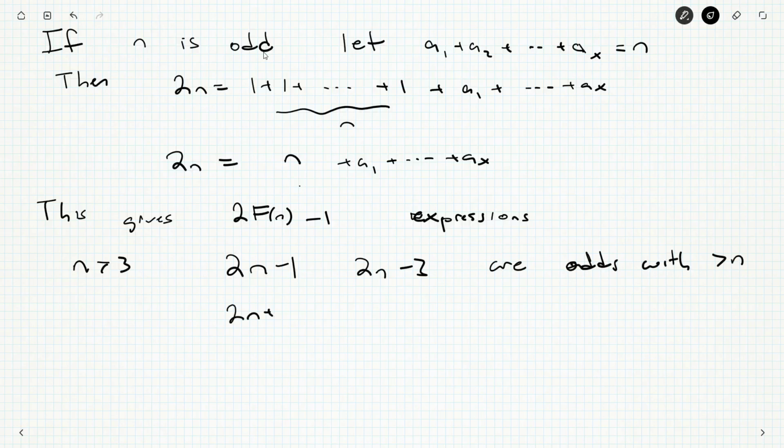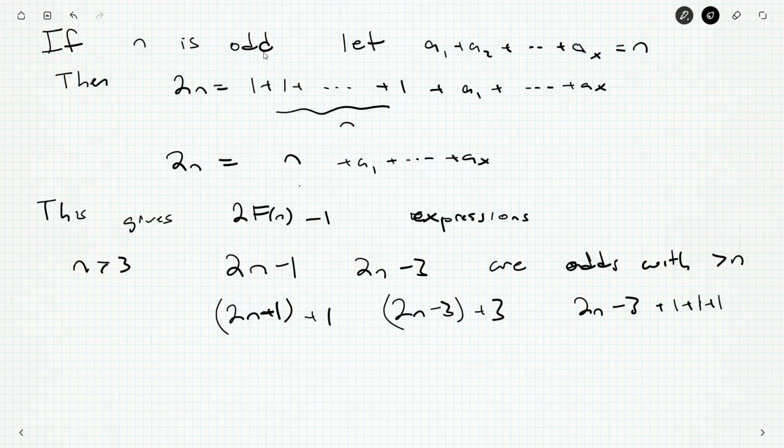If I did 2n minus 1 plus 1, that's an expression, and 2n minus 3 plus 3, that's an expression, or 2n minus 3 plus 1 plus 1 plus 1, and that's an expression. So that would get me 3 expressions.